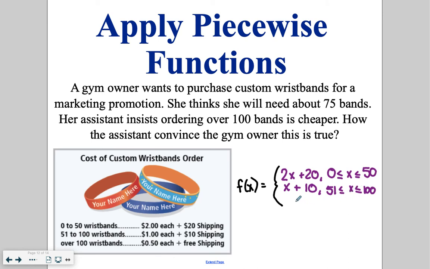We have 50 cents for each wristband plus nothing for shipping. And that is when we have x is greater than or equal to 101 because it's over 100 wristbands, and the first amount you could purchase over 100 is 101.